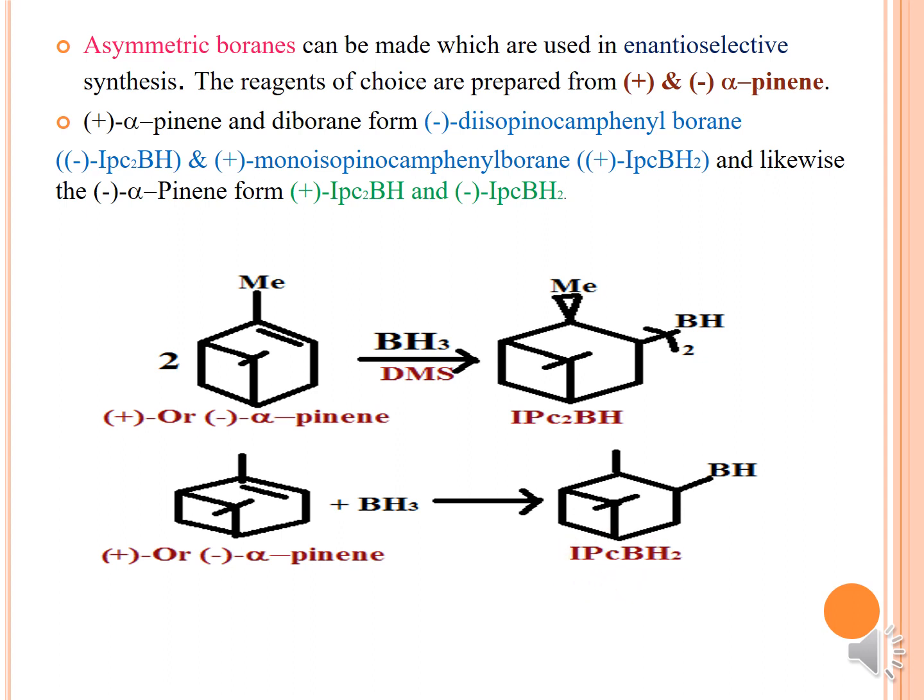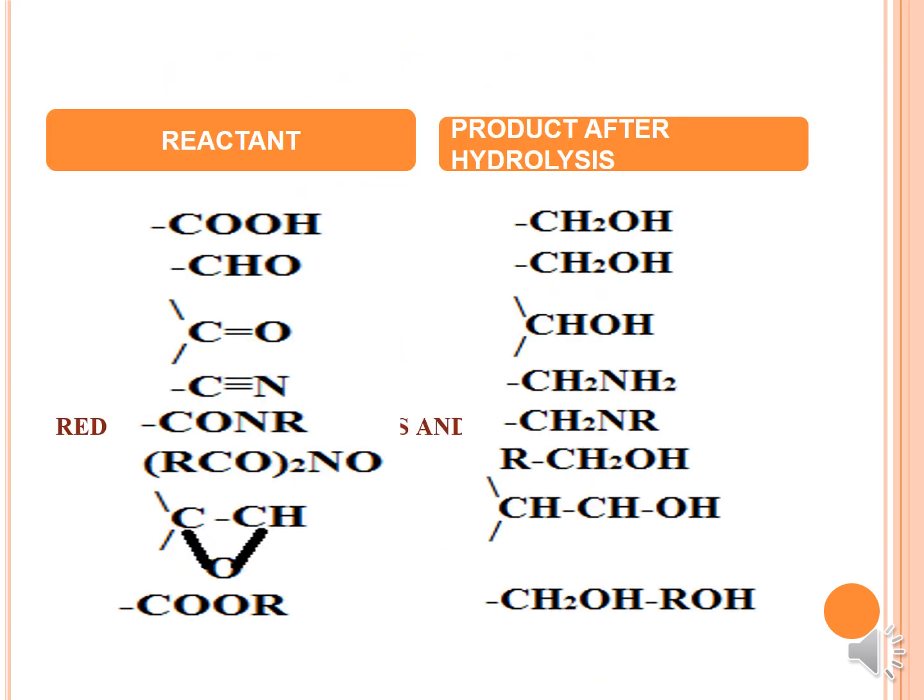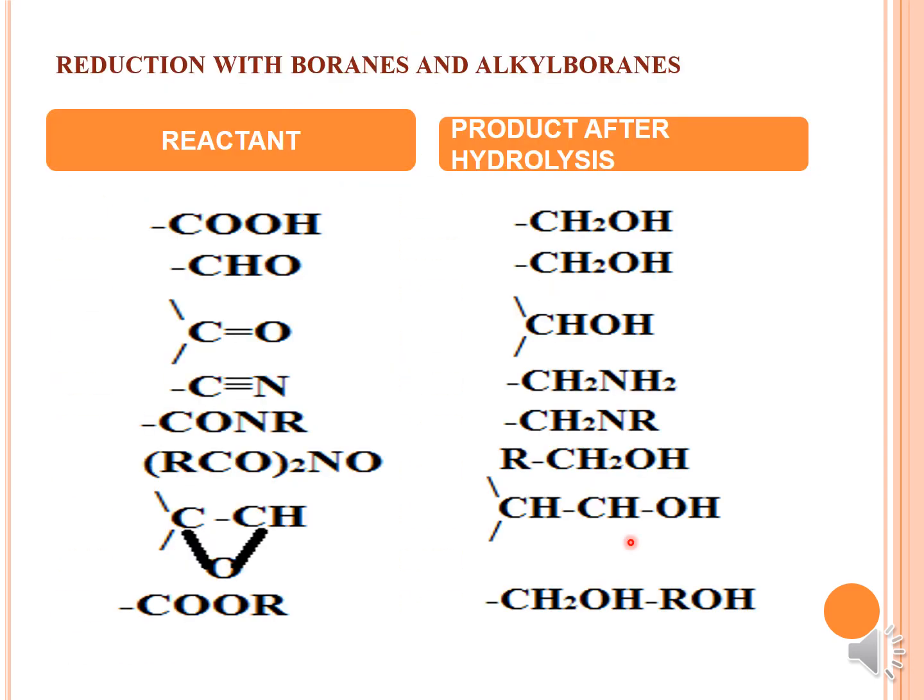Then moving on to the next slide, here I have shown you the reduction of compounds with the boranes and the alkyl boranes. On this side you are taking the reactants, and here you are forming the products after hydrolysis.